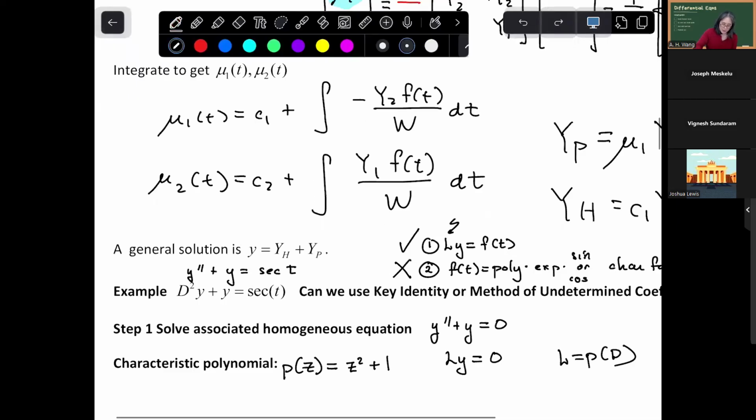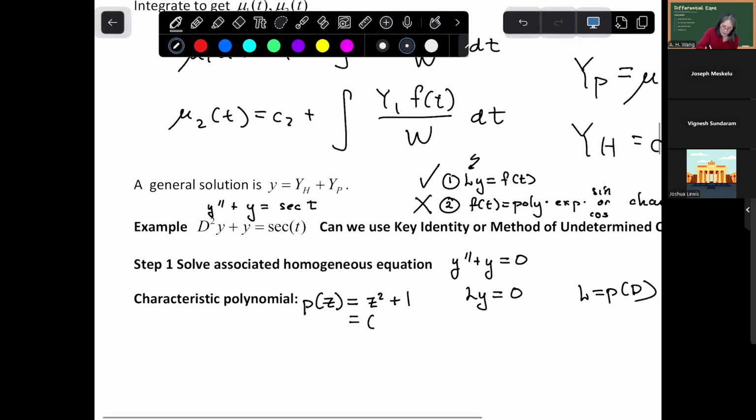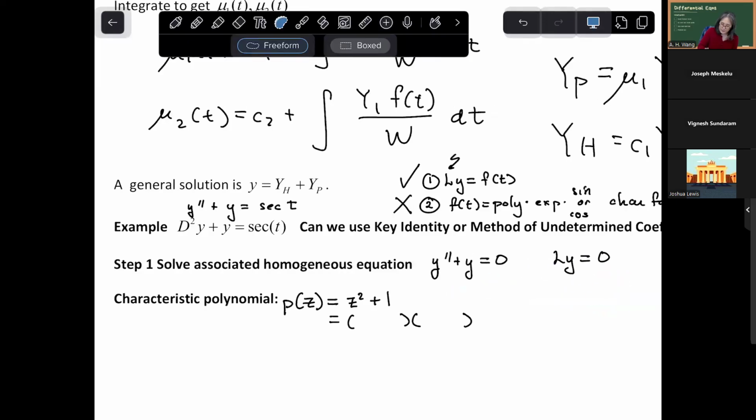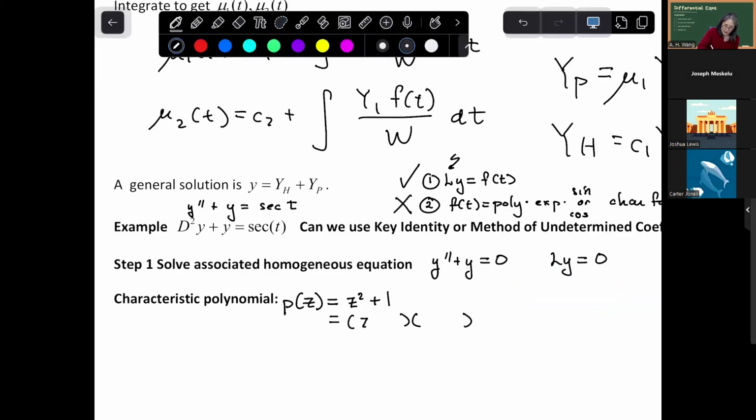So you set it equal to 0, and you know that you can factor it. Can somebody tell me, how do you factor it? Z plus i times Z minus i. That's exactly right. It's very, very straightforward. So then the roots are going to be plus or minus i.